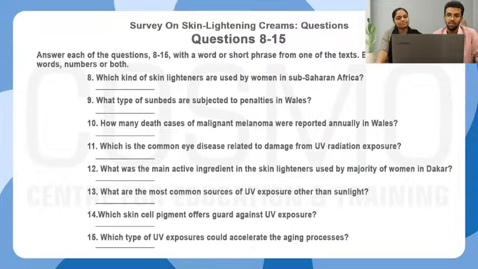For question number 12, the main keywords would be active ingredients, skin lighteners, and obviously majority of women in Dhaka. So those keywords come in which text? Yes, active ingredient is a keyword.